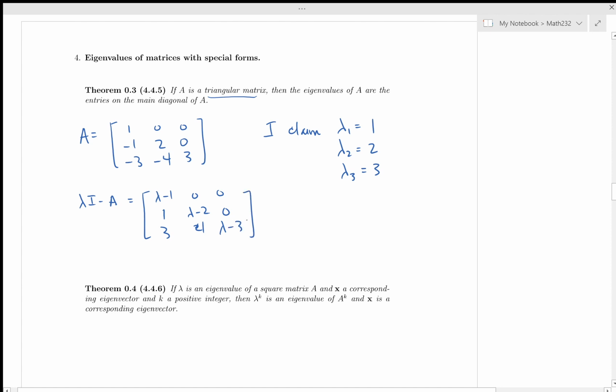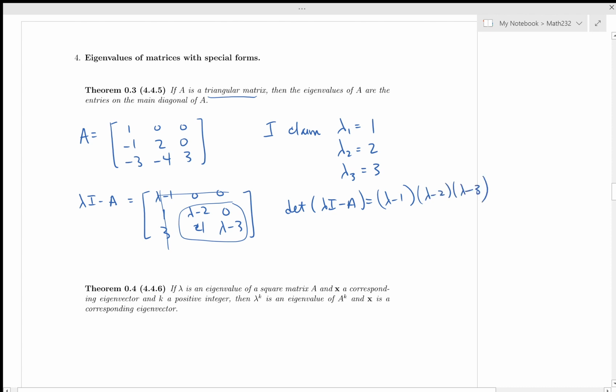Then I can take the determinant of lambda I minus A. You see what happens: I do the cofactor expansion and I get lambda minus 1, and the other ones are 0, and then the determinant of this 2 by 2 matrix, which is lambda minus 2 times lambda minus 3.